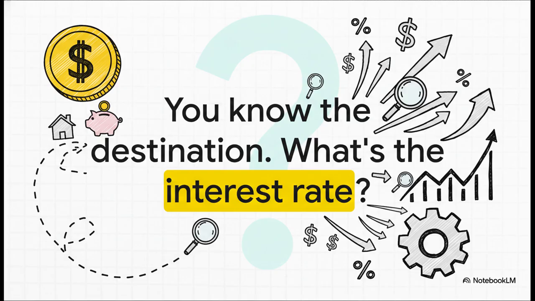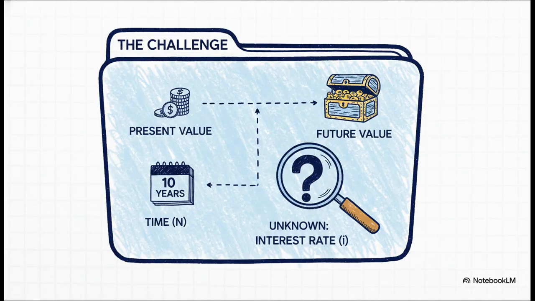In other words, you need to figure out the interest rate. So the source material lays out a challenge for us. Our destination is a cool $20,000. We know our starting point, our initial investment, is $8,845.71. And we know how long the path is. We've got 10 years. The only piece of the map that's missing is I. What is the interest rate we need to make it happen?